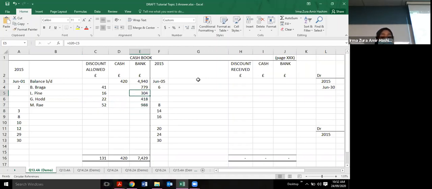So they only pay because they pay within the period given. So they only pay this much.